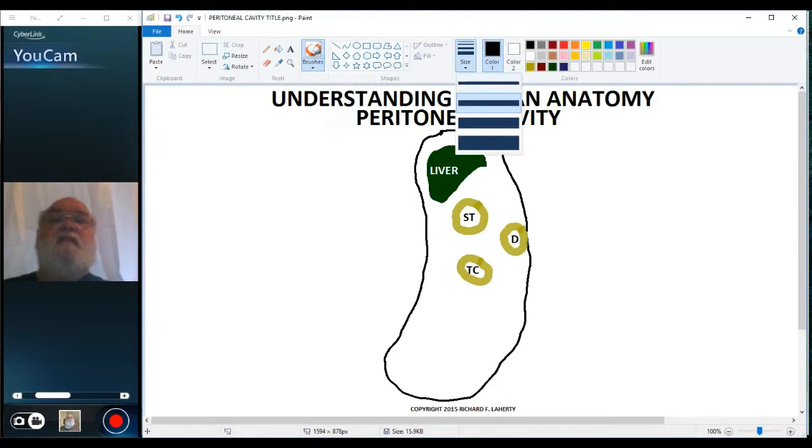Next, I'll sketch in the peritoneum, so here's parietal peritoneum on the dorsal body wall, and since the duodenum is secondarily retroperitoneal, we'll get some parietal peritoneum onto it.